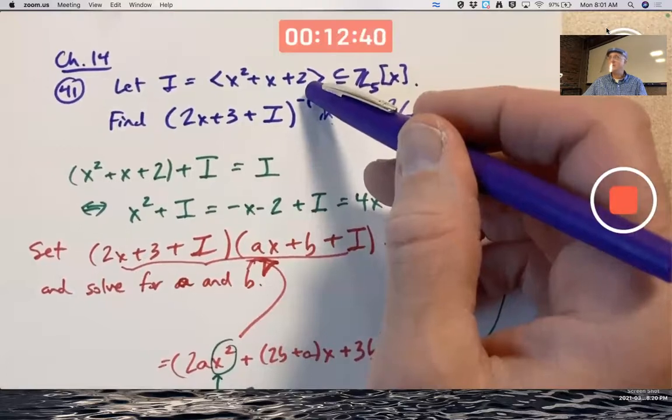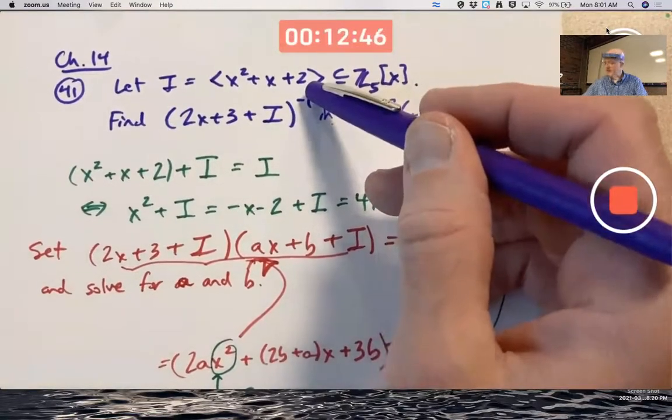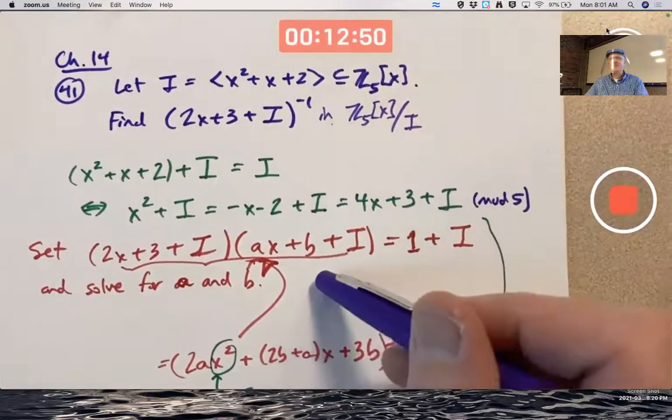And those remainders are either going to be degree 1 or degree 0, or in fact the 0 polynomial, which technically has an undefined degree. That's why you can get away with this.